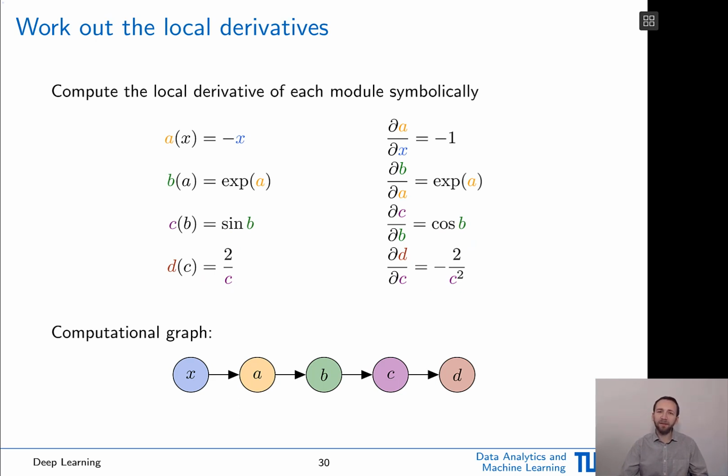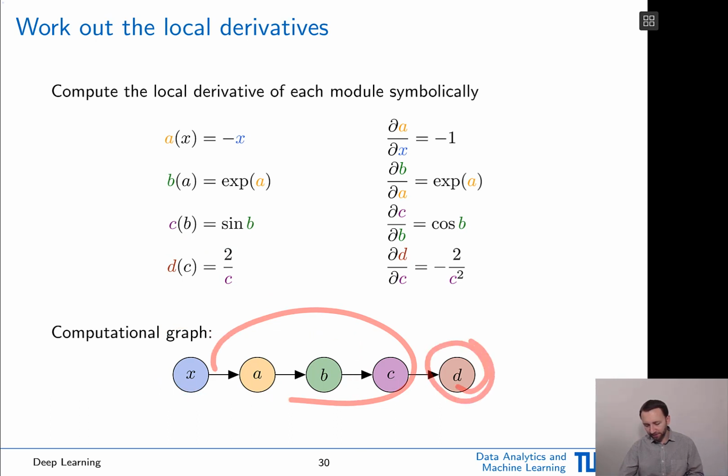Okay, so you see these modules are usually very simple functions, even later on in a neural network setting. And then deriving these local derivatives symbolically is extremely simple. Okay, and what is important also to notice, these local derivatives here, right, they really just link to the modules, right, to the individual modules. So this can be computed just via the information of the module. It doesn't matter what happens here, right?